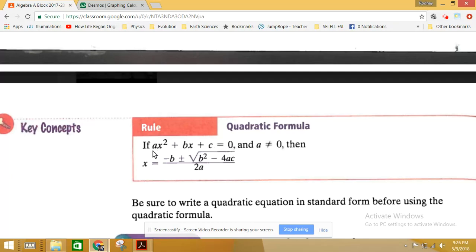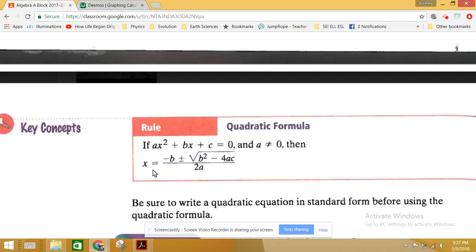So we say some number we're going to call a times x squared plus some number we're going to call b times x plus some number we're going to call c equals 0. This is a coefficient a, this is a coefficient b, and this is a coefficient c.